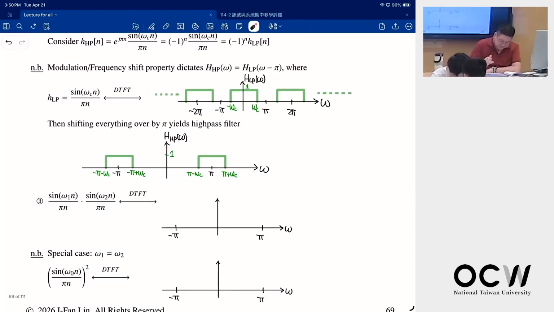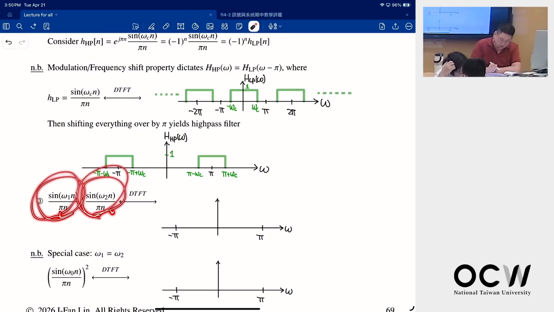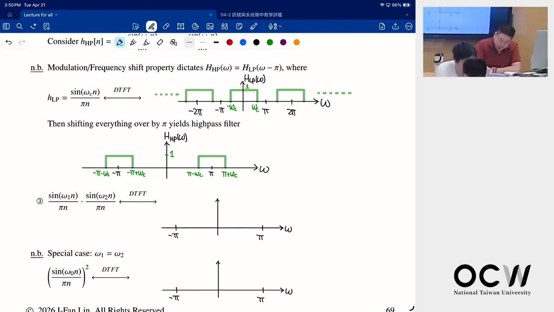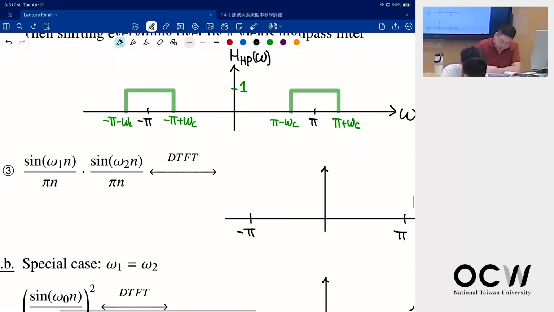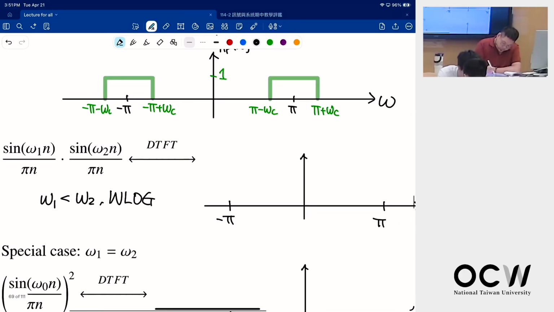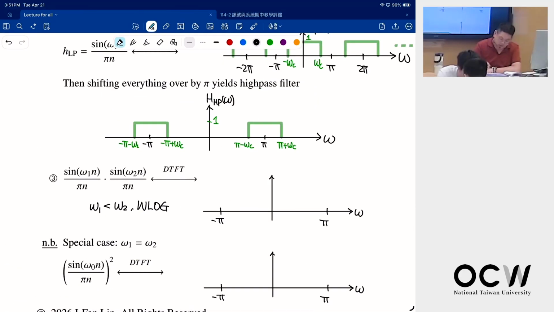Now if I have two sinc functions in time domain, what happens if I do the Fourier transform? Suppose omega 1 is less than omega 2, without loss of generality. What is the Fourier transform?